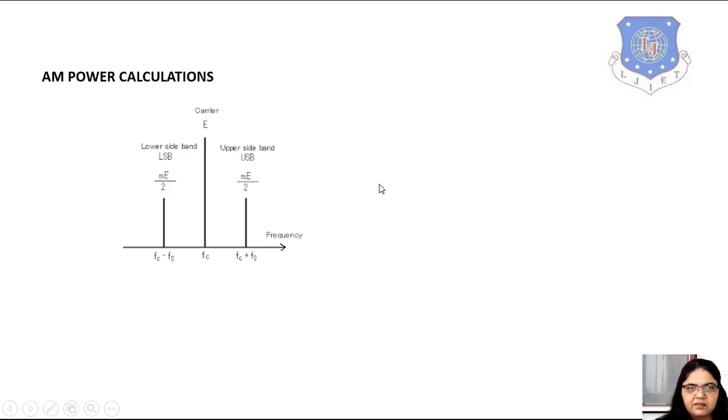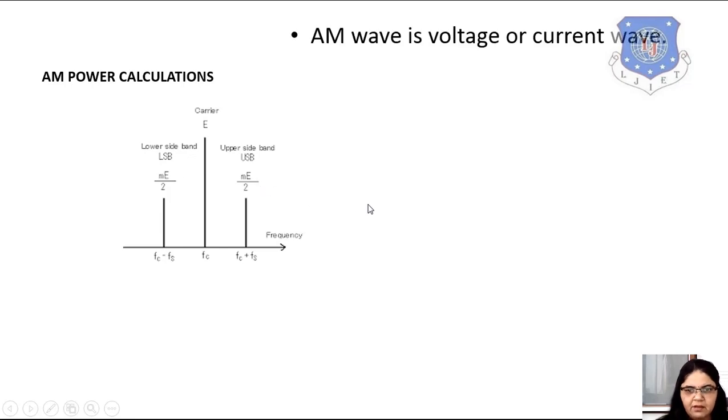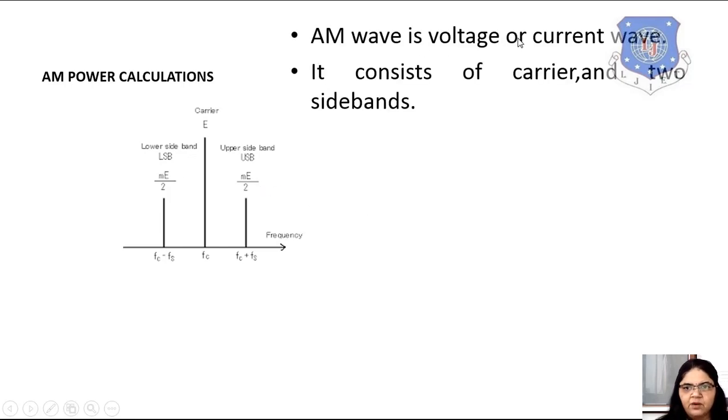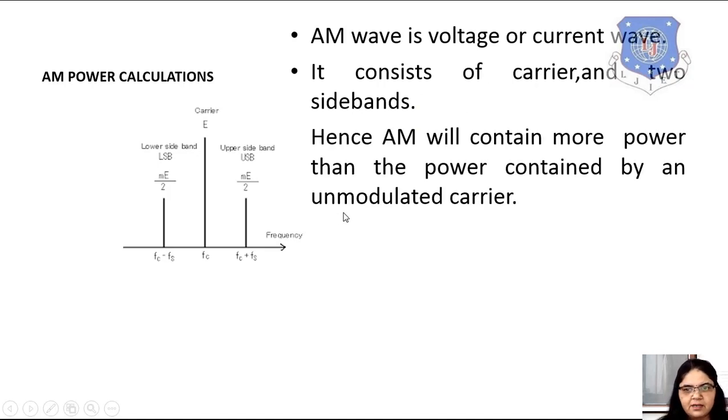So to transmit the AM signal, we need to transmit the carrier with the two sidebands. The AM wave is a voltage or current wave consisting of the carrier and two sidebands. Hence the AM wave will contain more power than the power contained by the unmodulated carrier.